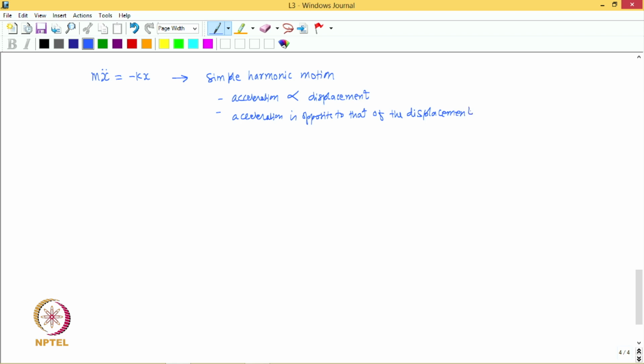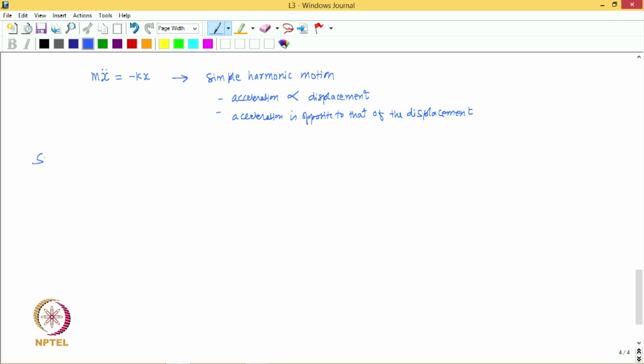So therefore we see that the motion of this system, the free vibration motion, is basically nothing but a simple harmonic motion, okay, because these two conditions are satisfied. The acceleration is proportional to displacement and is negative of x, right.